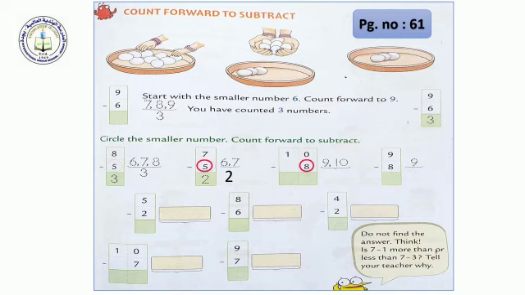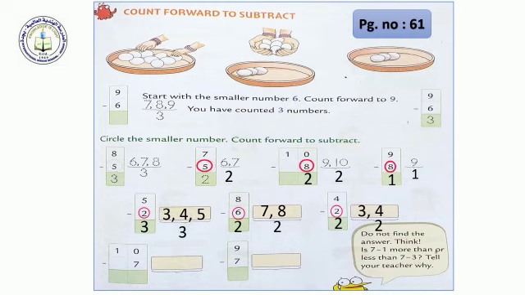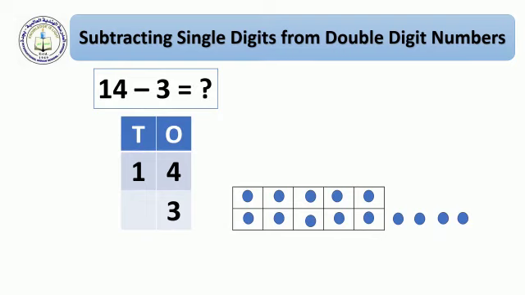So, 10 minus 8 is equal to 2. Write the numbers in the place given. Now, in the same way, count the other numbers and check the answers. First, circle the smaller number, count forward and check the answers.